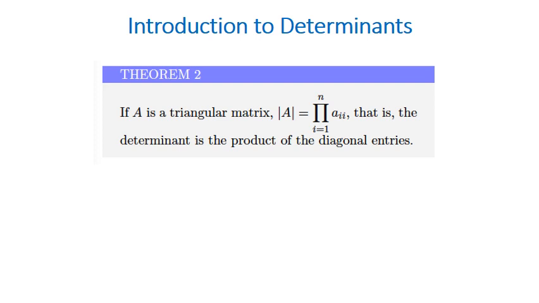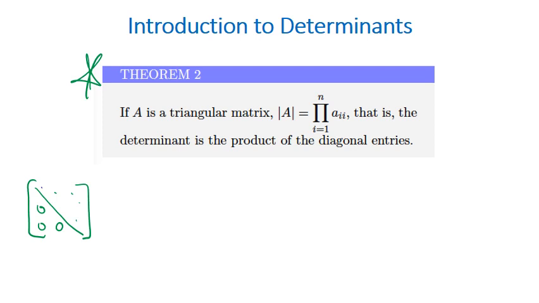So there's another theorem in this section, theorem 2, which is written here. And it looks a lot fancier than what it really is. Basically what this is saying is if matrix A is a triangular matrix, remember, a triangular matrix means we have zeros down here, and anything else up here, then the determinant of that matrix is the product of the entries on the main diagonal.